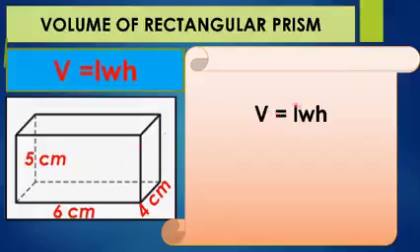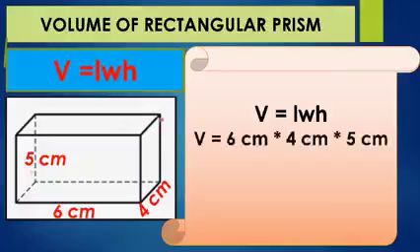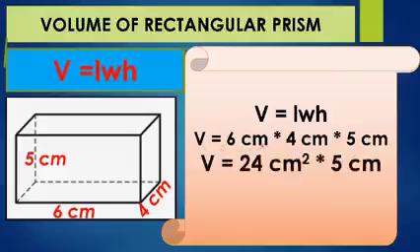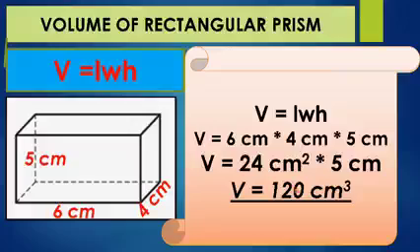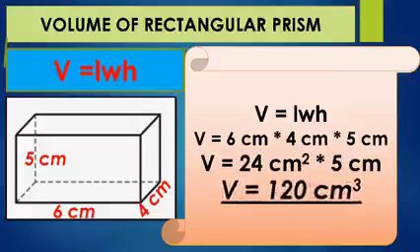So again, L natin magiging 6 centimeters, yung W natin, width is 4 centimeters, and our height here is equal to 5 centimeters. By substitution, V is equal to 6 times 4 times 5, then multiply. 6 times 4 is equal to 24, times 5, that is 120. Therefore, the volume of rectangular prism is equal to 120 cubic centimeters.